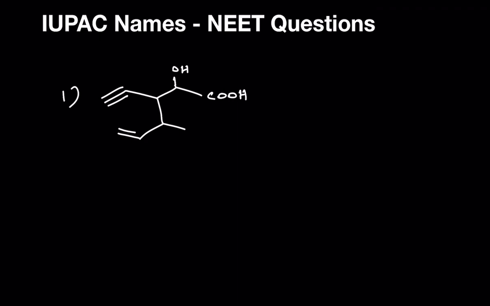So let us start numbering from the carboxylic acid: 1, 2, 3, 4, 5, 6. This is the longest chain. And by the way, the structure should actually have been written as a straight line, not as a bend one, because the hybridization here is sp.